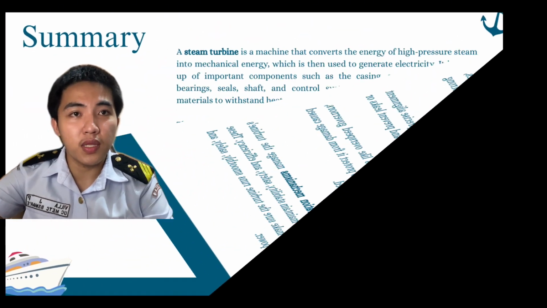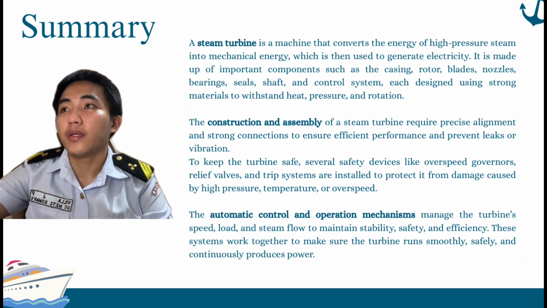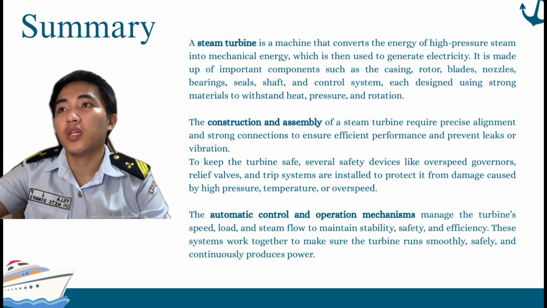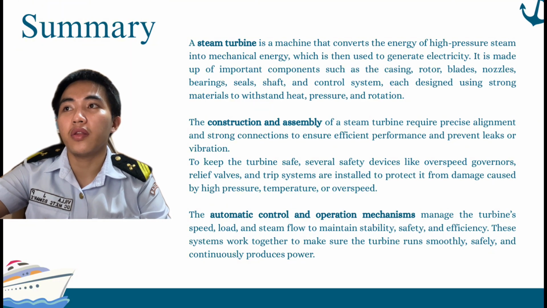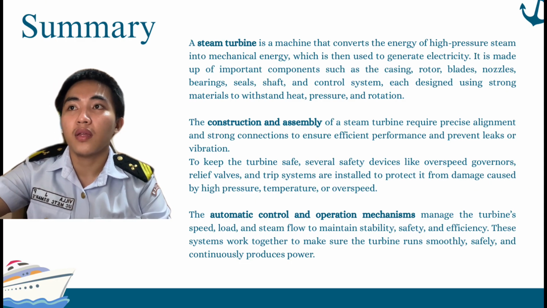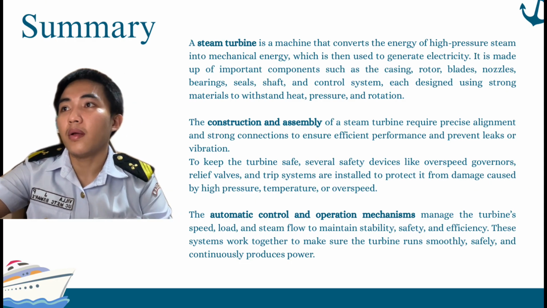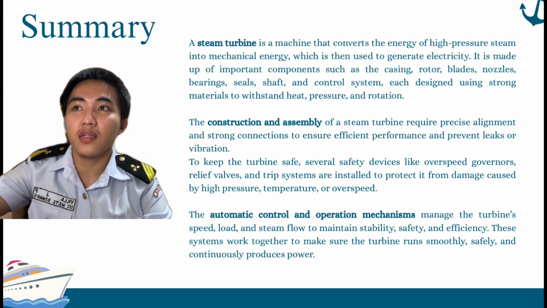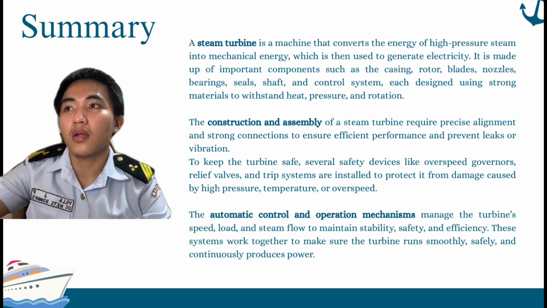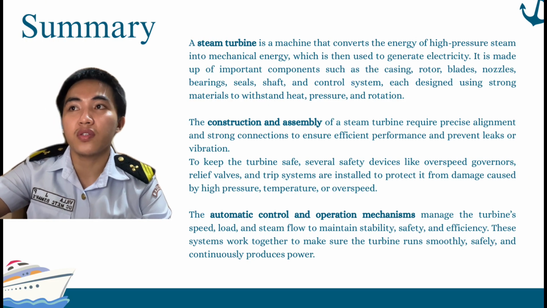To summarize the components of a steam turbine. A steam turbine is a machine that converts the energy of high pressure steam into mechanical energy, which is then used to generate electricity. It is made up of important components such as casing, rotor, blades, nozzles, bearings, seals, shaft, and control system.